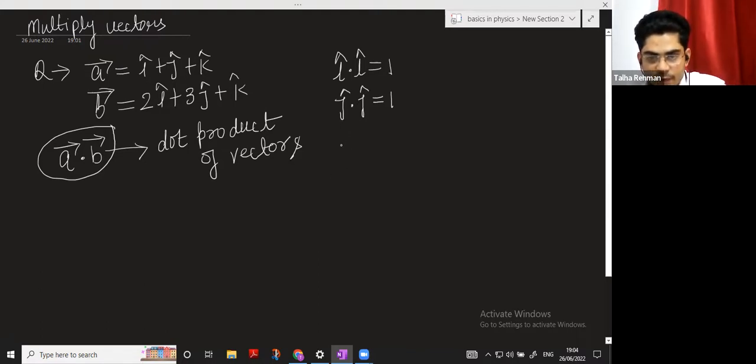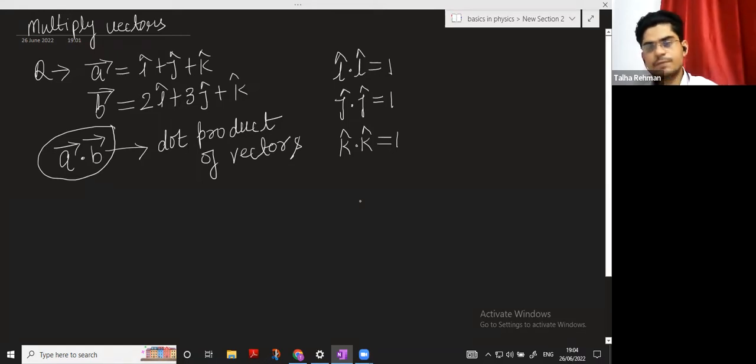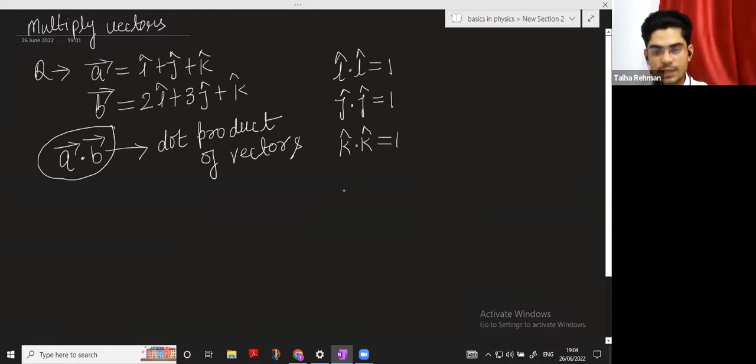Similarly, if I will multiply k cap with k cap, then again I am getting the answer 1. And if I am multiplying any other cap with any other cap, I will always get the answer 0. Like I am multiplying I cap with j cap, this will be 0. I am multiplying I cap with k cap, this will also be 0.